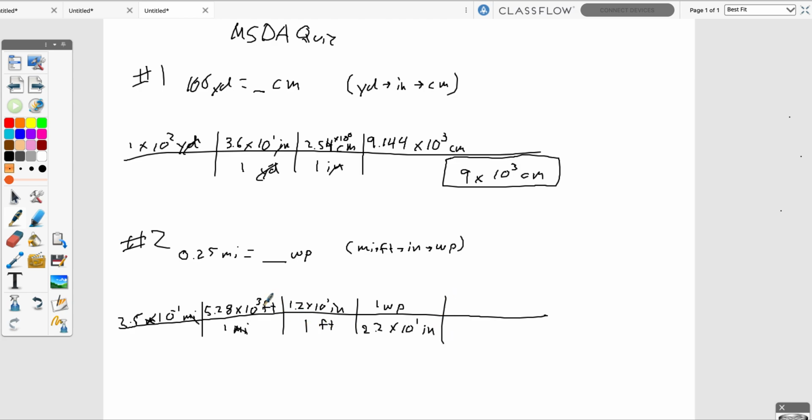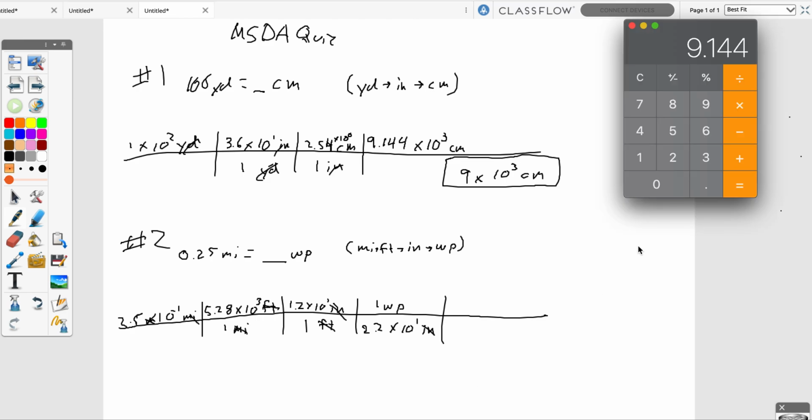All right, and look, we got feet and feet, inches and inches, and all that leaves us is the math and the WP, okay? So when we go in here, we're going to multiply these guys, and we're going to multiply 2.5 times 5.28 times 1.2 divided by 2.2, because it's down here. All right, and that is going to give us, well, let's see what it gives us.